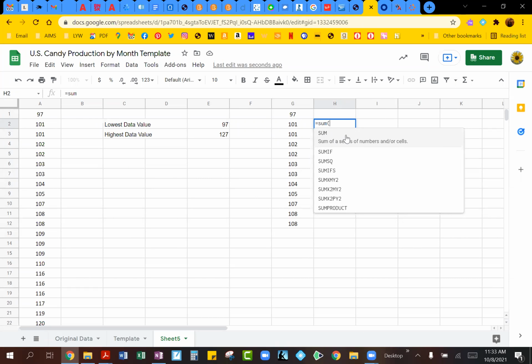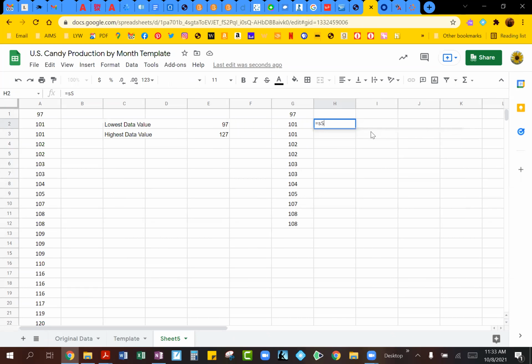So SUM, and actually, I think this has to be capital. And then we can select those 12 values. So that makes it a little bit easier for us to add them. If you add this by hand, obviously you should get the same value.